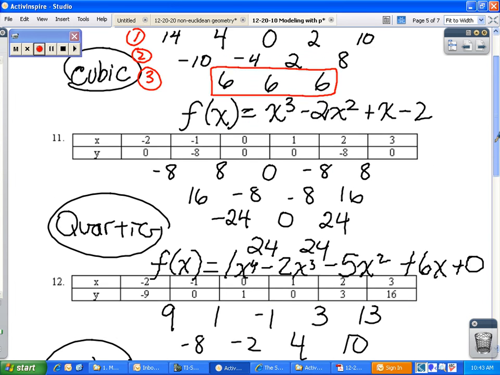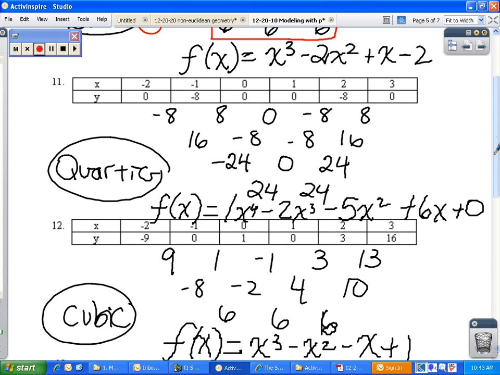Same thing goes for number 11. You will notice that it gets down to step 1, step 2, step 3, step 4. At the 4th, you have your constant differences, therefore this is a quartic function, and you want to do the quartic regression function, which will give you 1x to the 4th minus 2x cubed minus 5x squared plus 6x plus the 0, which you really don't need.